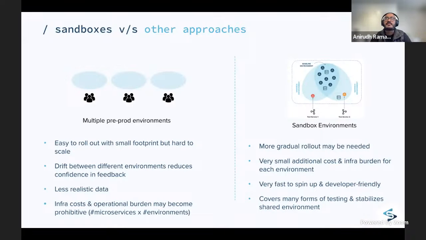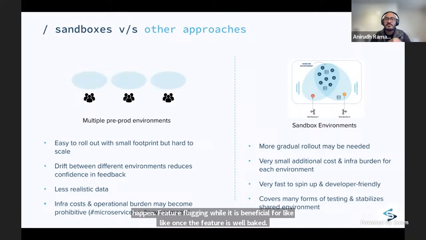I think if exploratory testing is done that way, there is still one benefit of using sandboxes, which is that it may be a lot faster. This is anecdotal, based on how I've seen this happen. Feature flagging is beneficial once the feature is well baked.